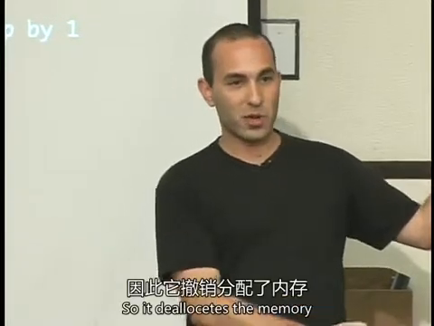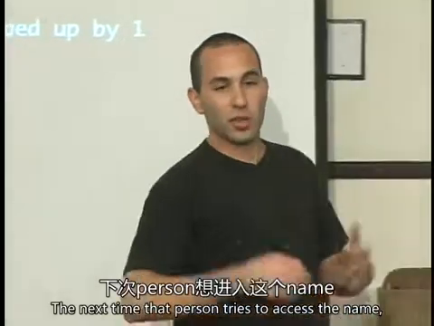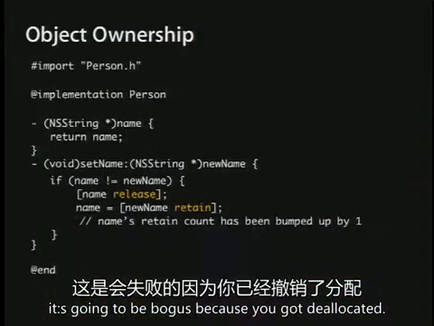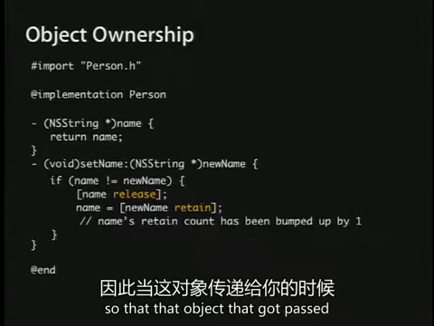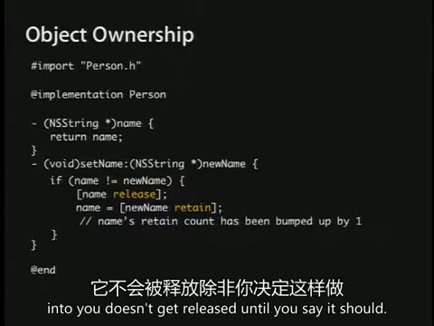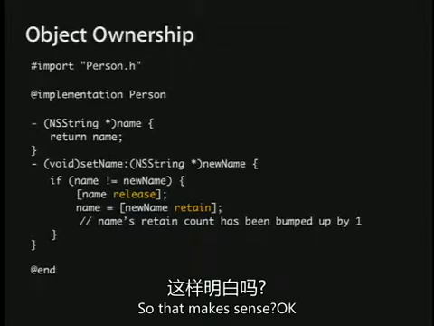So it deallocates the memory. The next time that person tries to access the name, it's going to be bogus because it got deallocated. And so the way to maintain that is you increase the retain count so that the object that got passed into you doesn't get released until you say it should. So, that make sense? Okay.